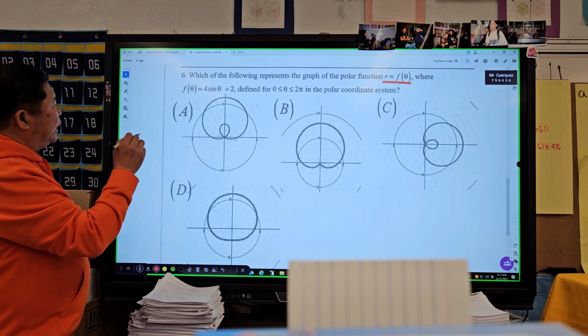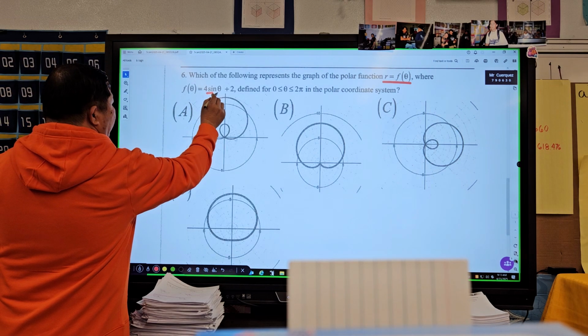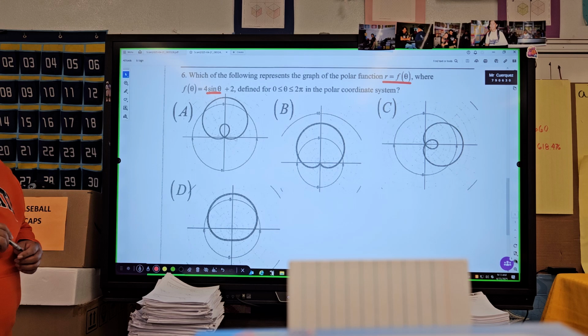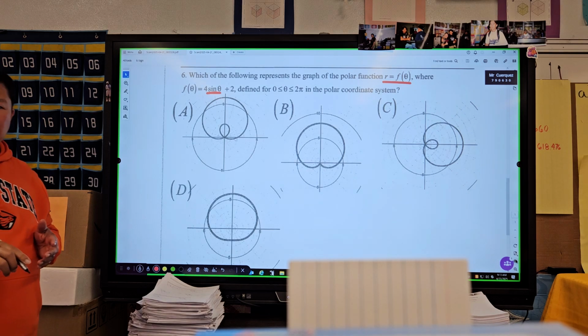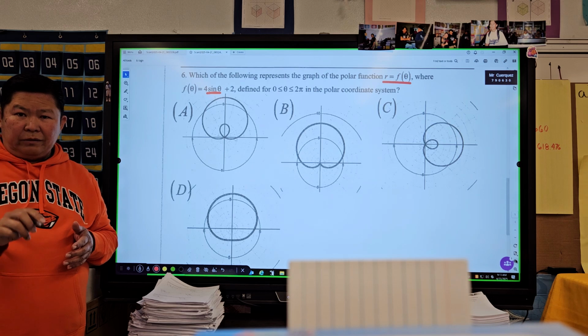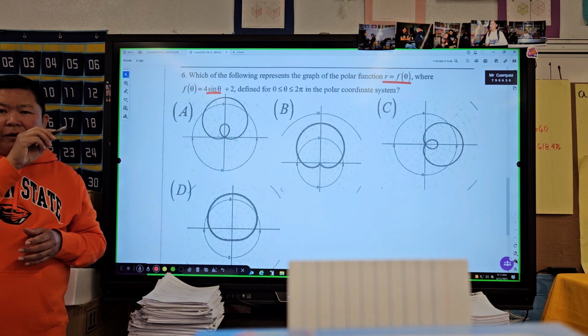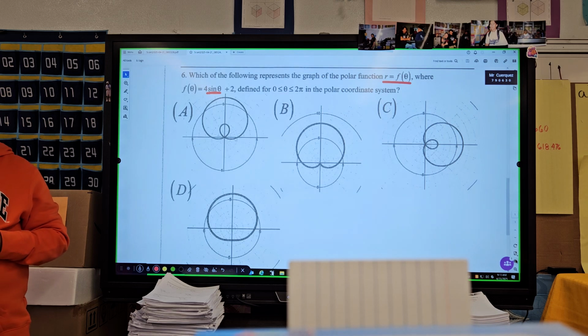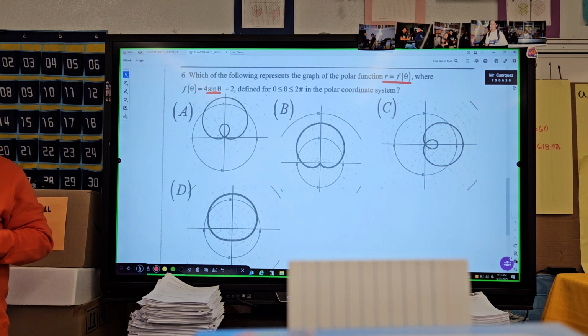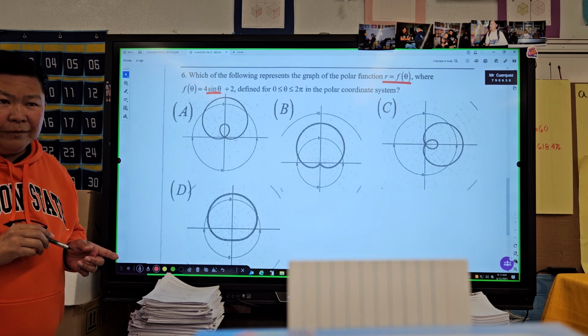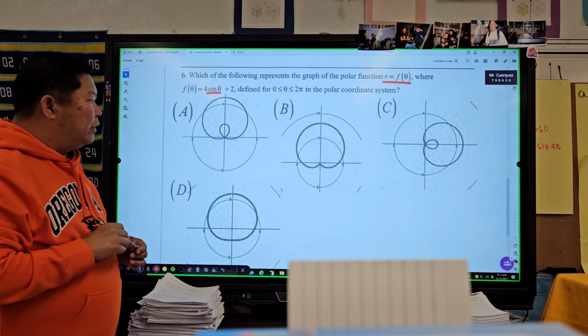Now, by looking at this, what function is this? Sine function, right? And we know that the graph of sine function is along the y-axis. And the graph of the cosine function, if it is polar coordinate, is going to be on the x-axis. Do you get me?